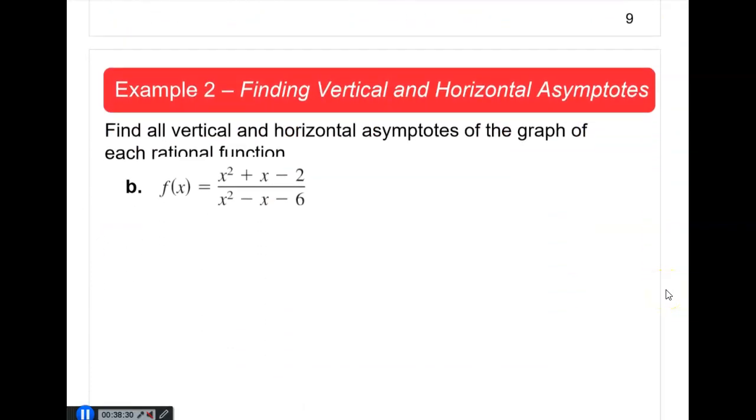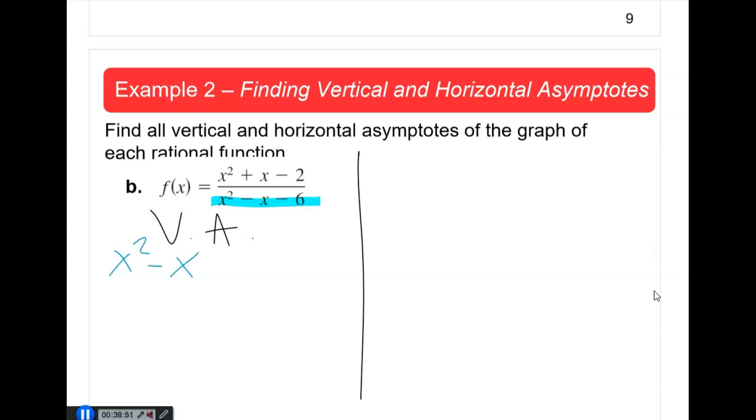Okay, next example. Same thing, vertical and horizontal. So for the vertical asymptote, I'm going to just start using VA. So we take the denominator that we see here, x squared minus x minus 6 is equal to 0.